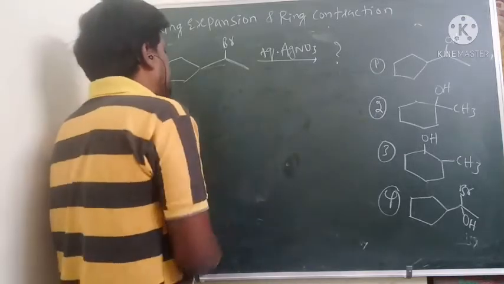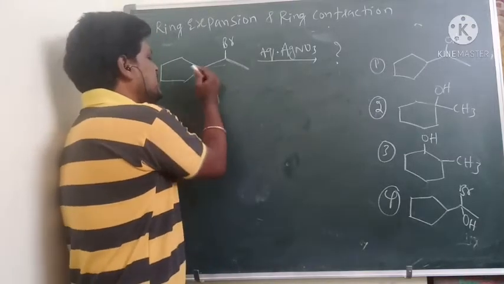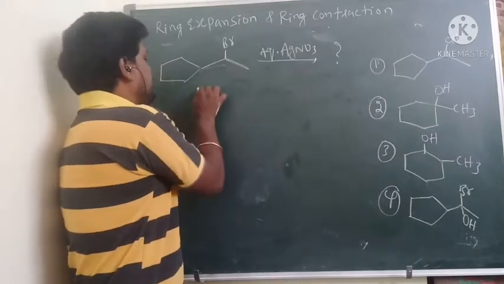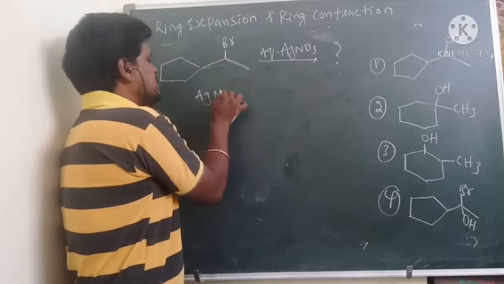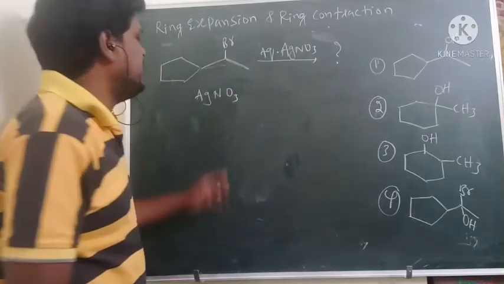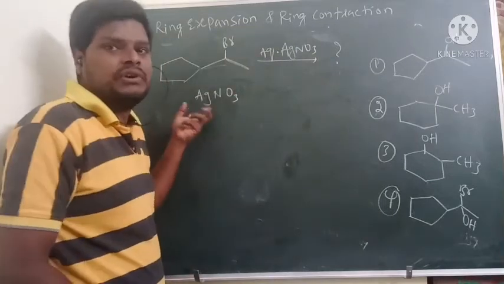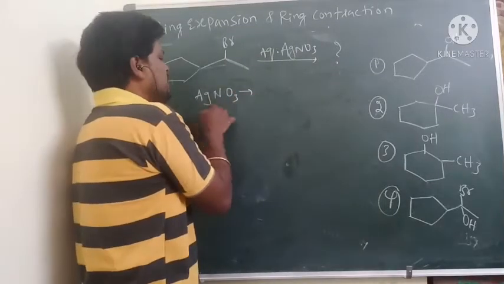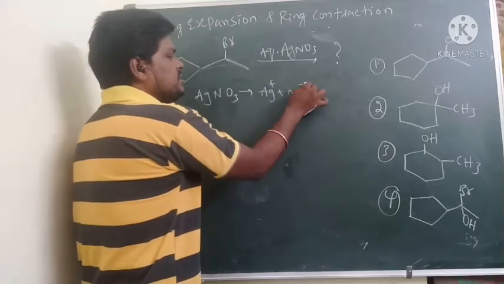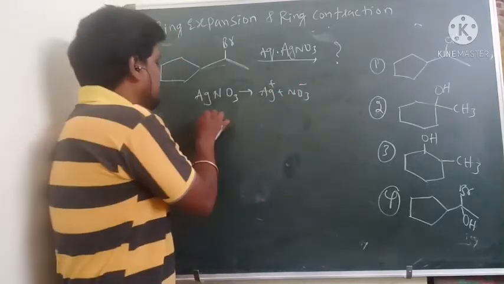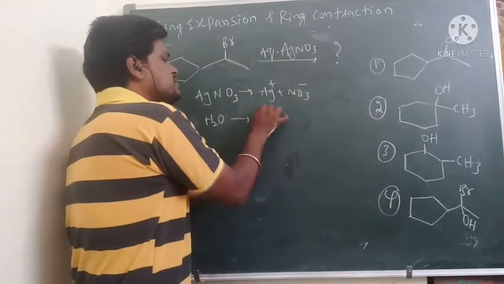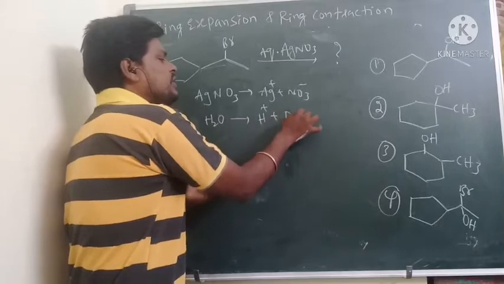So here, before that, you have to understand aqueous AgNO3, right? Aqueous AgNO3 means along with water. So here AgNO3 decomposes into Ag plus and NO3 minus. Aqueous means water. H2O also decomposes into H plus and OH minus.